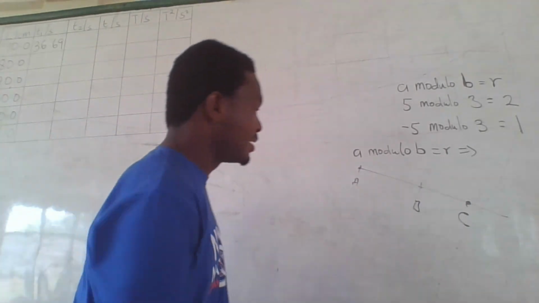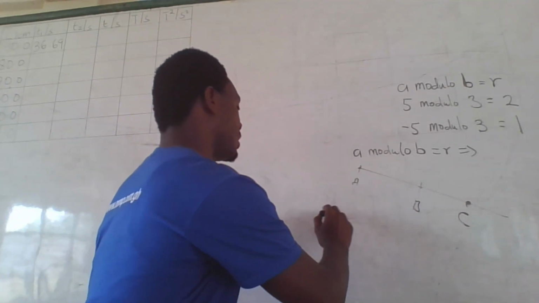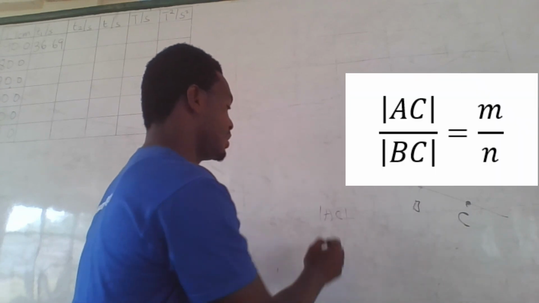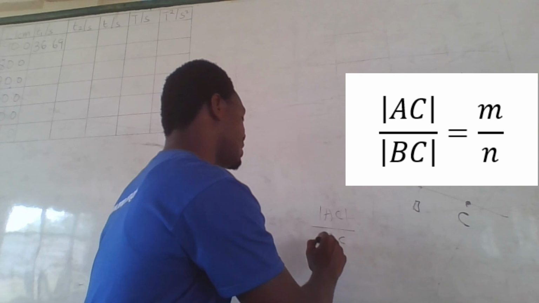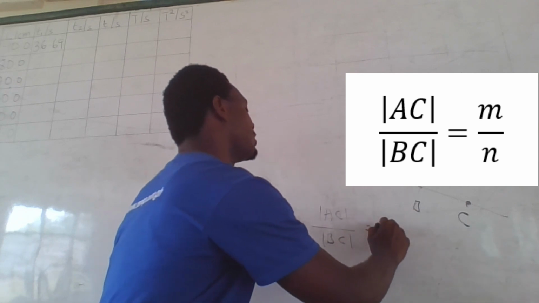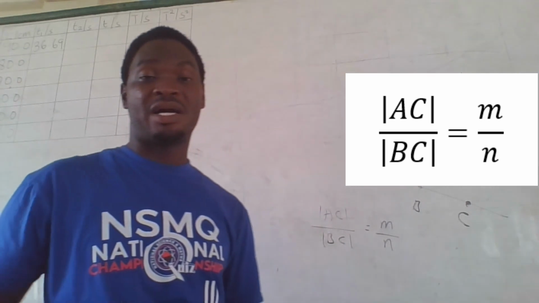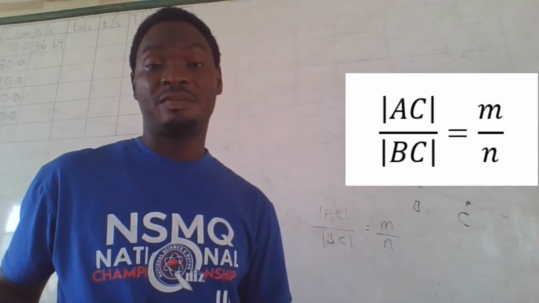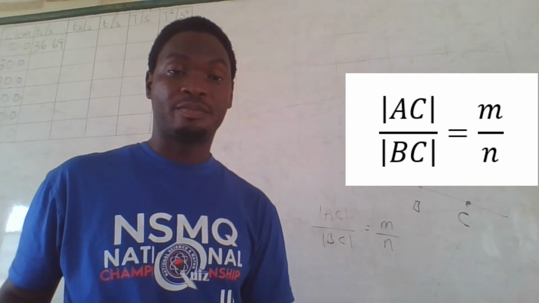The distance from C to A, that's AC, divided by the distance from C to B is equal to m over n. This is what is meant by C dividing line segment AB in the ratio m is to n.